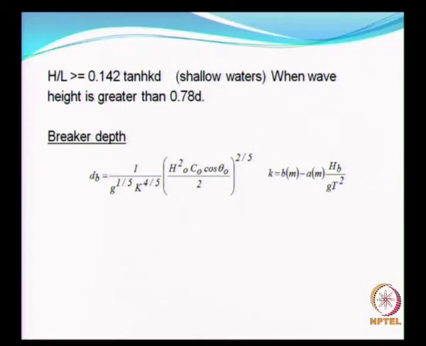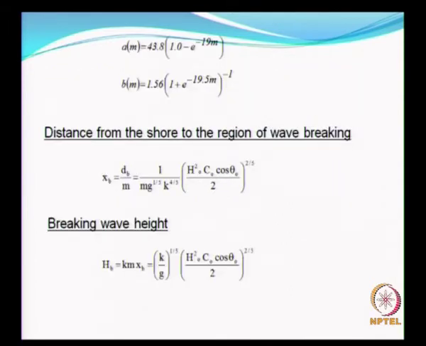So there is another formula wherein this k is given by this parameter, and am and bm are the parameters given here, wherein m is the beach slope.